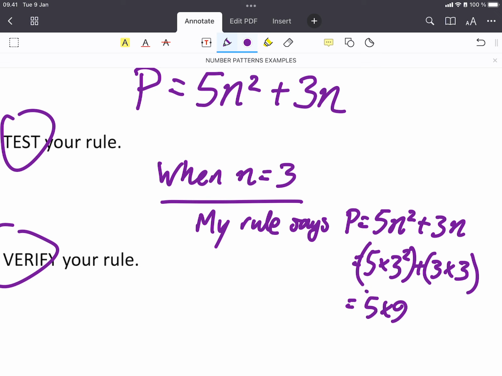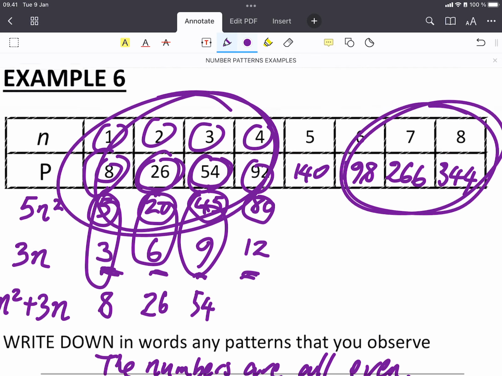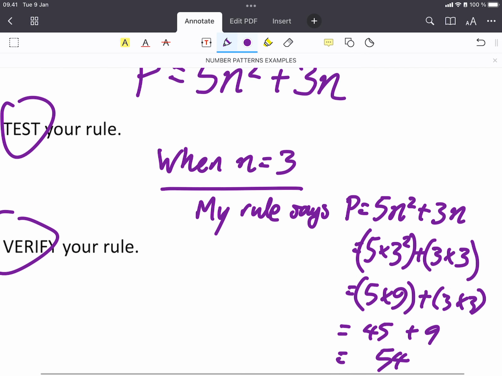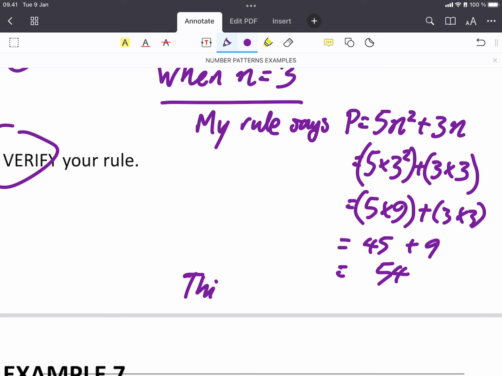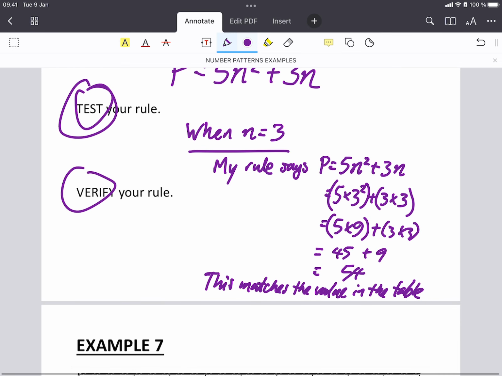So equals 5 times 9 plus 3 times 3 equals 45 plus 9 equals 54, and 54 matches the value in the table. Okay, so that's testing it, doing it for a low value where you knew the answer because it was given to you.